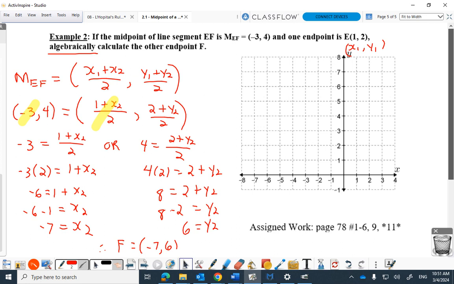Now, let's do it graphically. Then we need someone clever to tell me why we shouldn't rely on graphically. Well, you start thinking about what types of numbers. These were nice numbers. So what did I get? The midpoint is negative 3, 4. There it is.